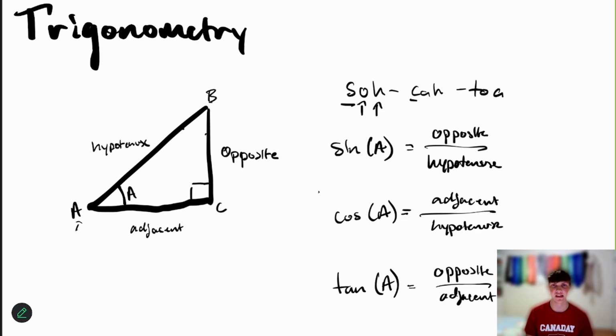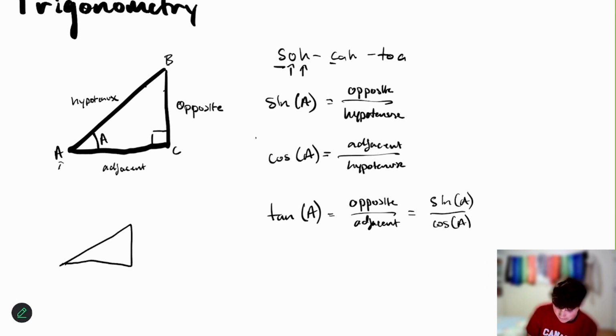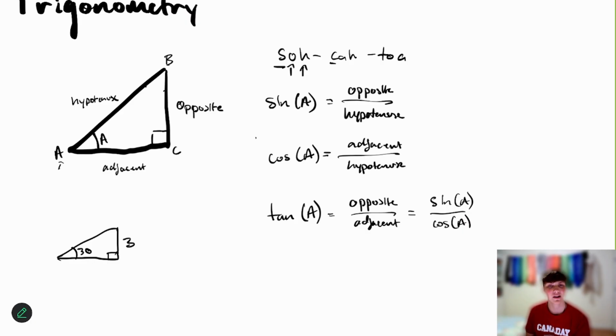You need to know these to get any kind of question, right? So let's say, real briefly, I had a right triangle that looked like this, and I knew this angle was 30, and I knew this side length was, say, 3, and this is a right angle, and I wanted to find the hypotenuse.